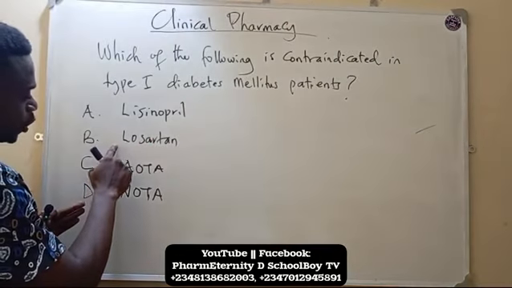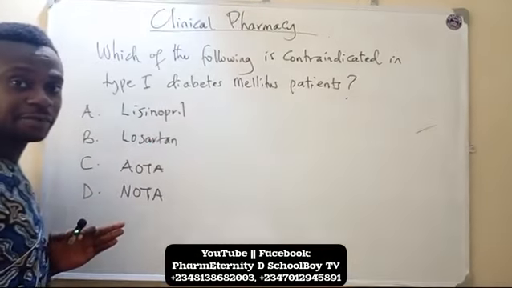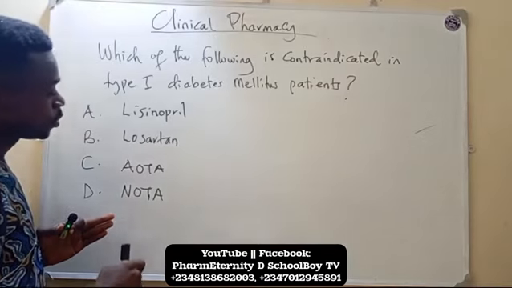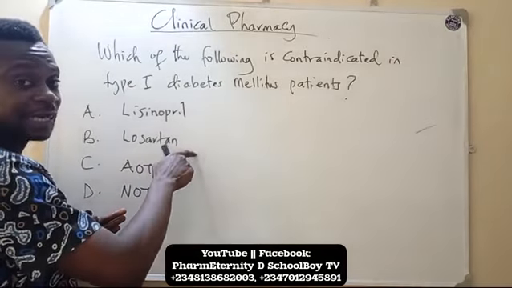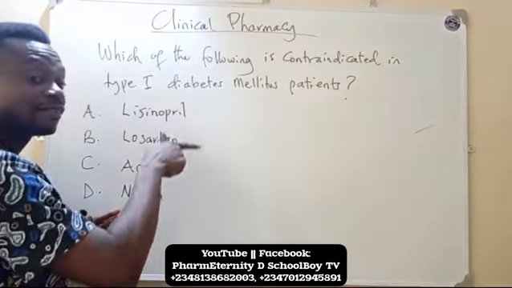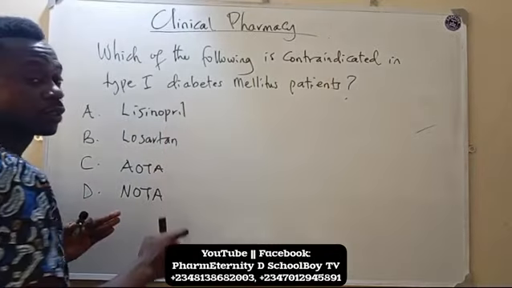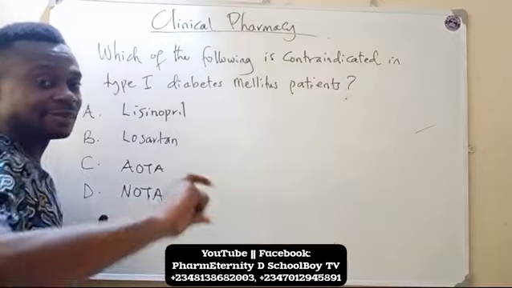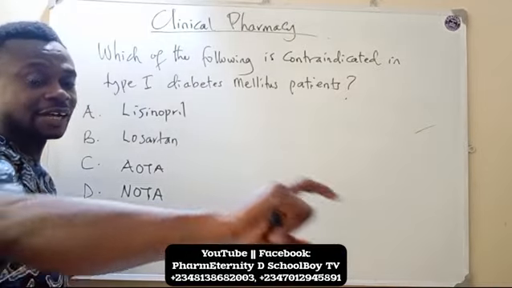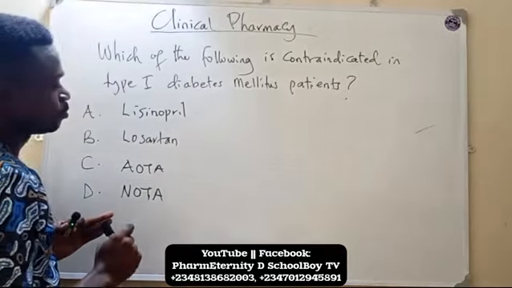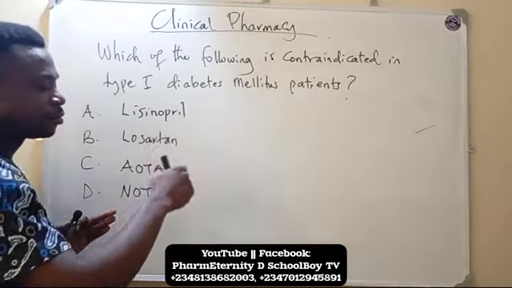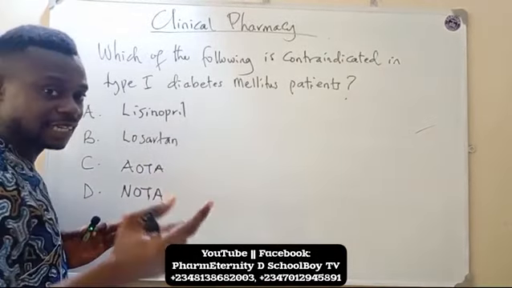The second one is losartan. Losartan belongs to the group angiotensin receptor blockers. It also has effects in the what? The kidney. These two affect the RAS system, the renin angiotensin aldosterone system. So they have a sort of corrective effect in the kidney.